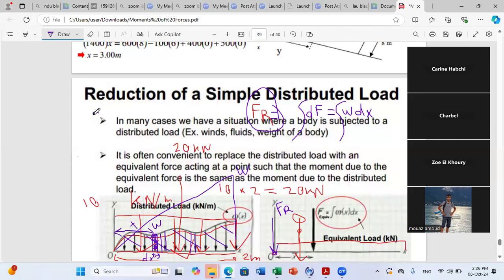For each small force, the moment dM is dF, which is the elementary force, times the distance x, which is the distance from the force to O. And we have seen together that dF can be replaced by omega dx. So before doing integration, it's equal to x omega dx.